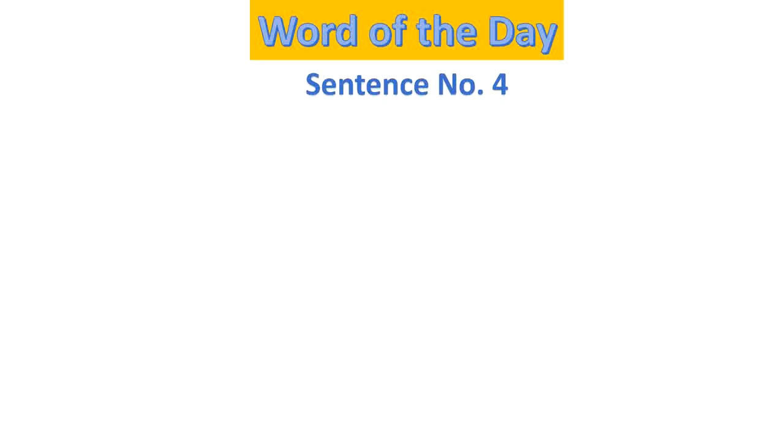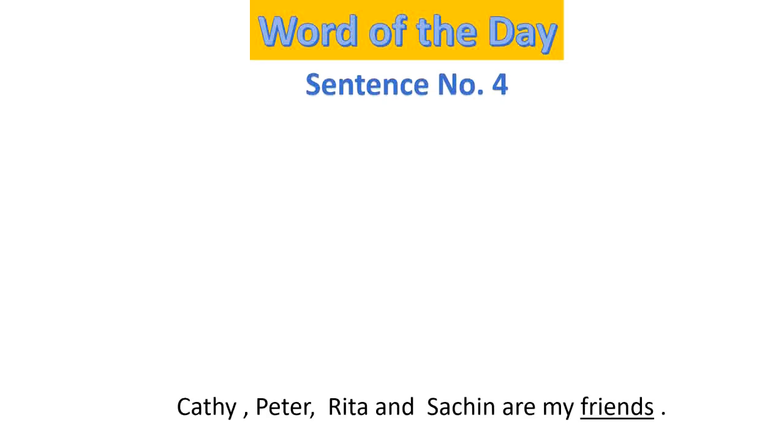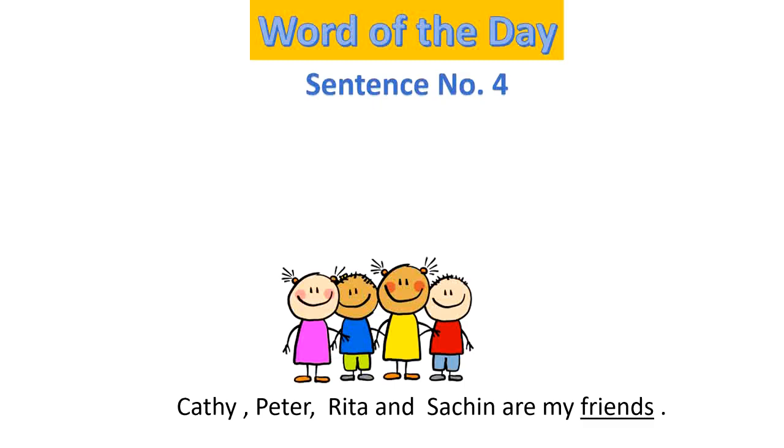Let us make sentence number 4 using the word dost for more than 2 friends. Here the sentence is Kathy, Peter, Rita and Sachin are my friends. We have just learned when we use my with plural or for more than one, in Hindi we say मेरे.